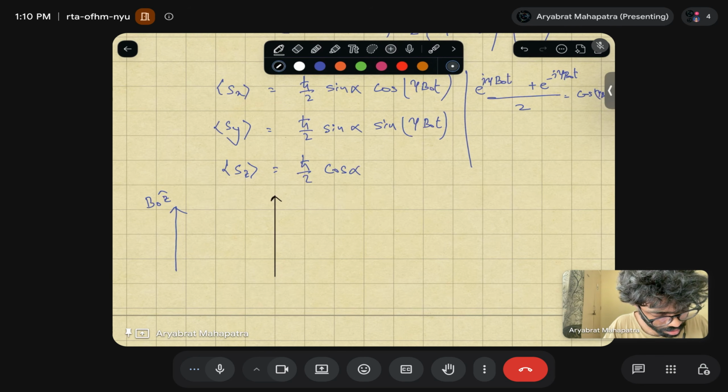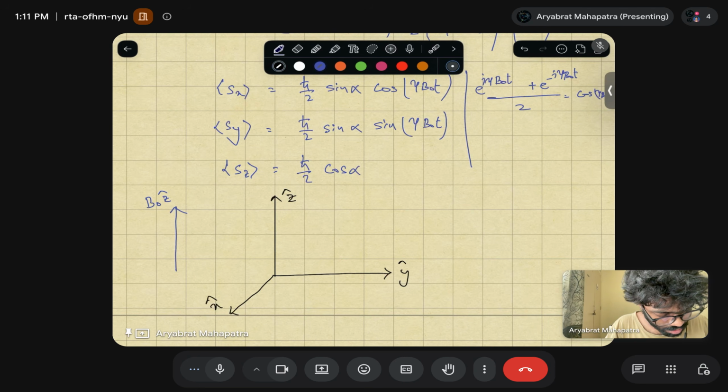Let's say this is y, and this is your spin vector.